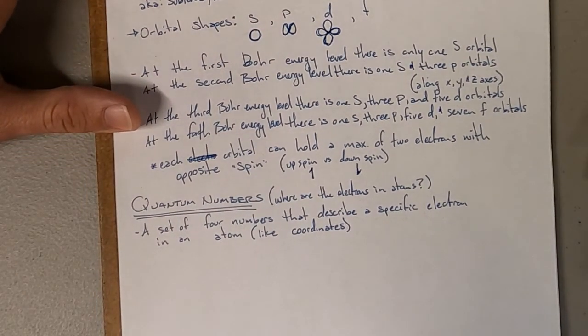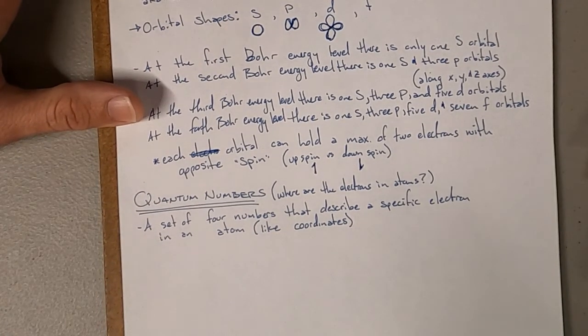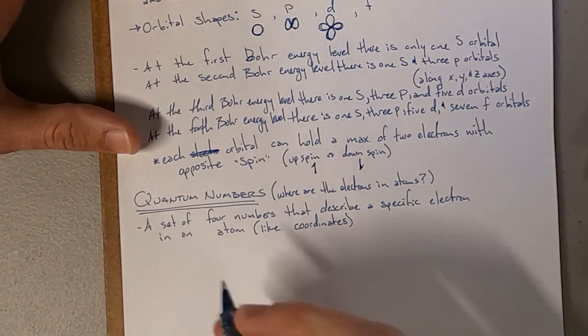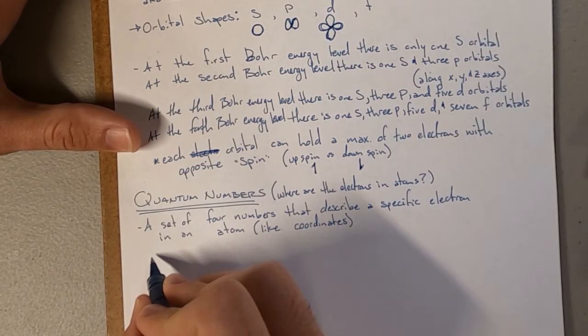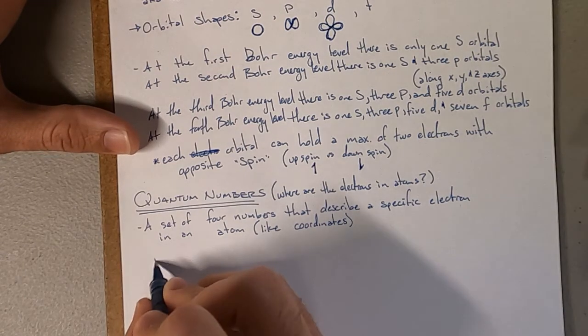And those 4 descriptors or numbers are the principal energy level, the sublevel, the orbital orientation, and the electron spin. They're abbreviated with lowercase letters n, lowercase l, lowercase m sub l, and lowercase m sub s, respectively.